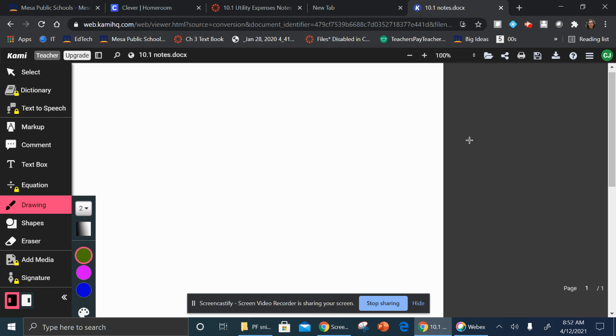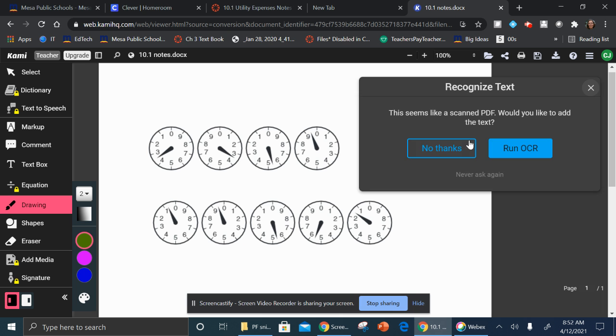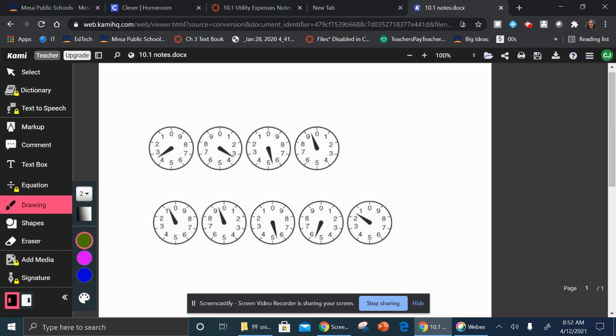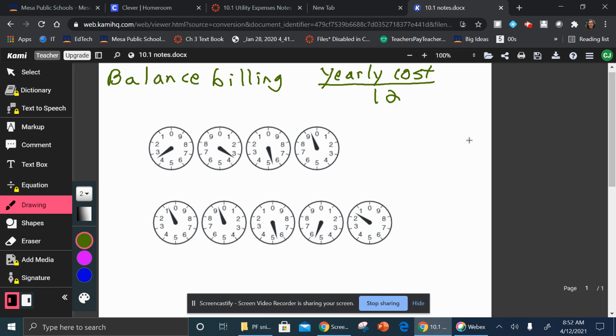All right, so let's continue the notes with this. We have balance billing, and that's another option with your utilities that you can use. It's going to be the yearly cost. They'll do this for your utilities, for SRP, so you do 12 times that. So if we want to figure out the balance billing for this, everybody.